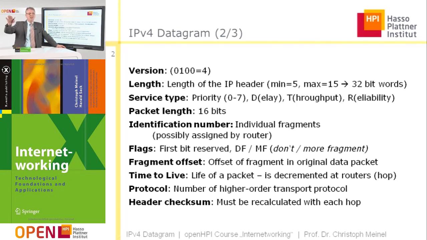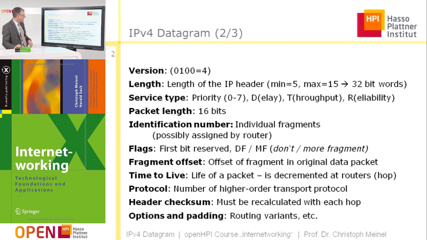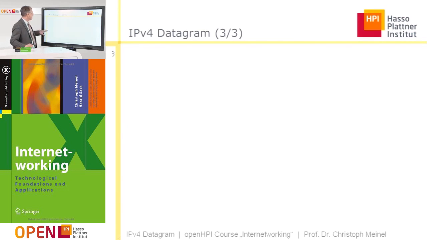The reason is that with each hop, the time to live is decreased, so the checksum changes. And then we have the options and padding. We will later see that some routing information can be given in the option fields, and padding is used every time to bring this to the right length.